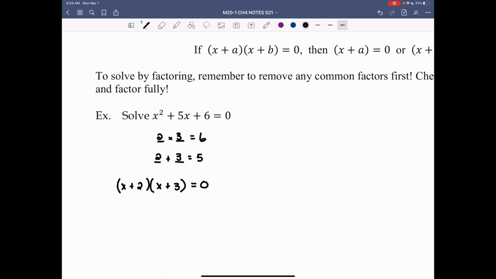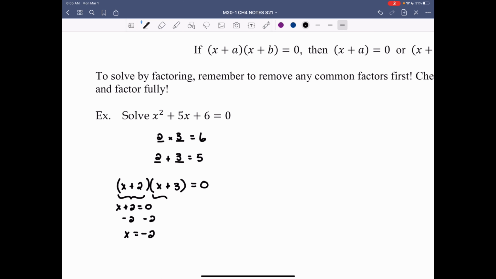Then, if either of these factors equals 0, that's when we get a product of 0. So when does this factor equal 0? Subtract 2 from both sides. We get when x equals negative 2, then x plus 2 equals 0.